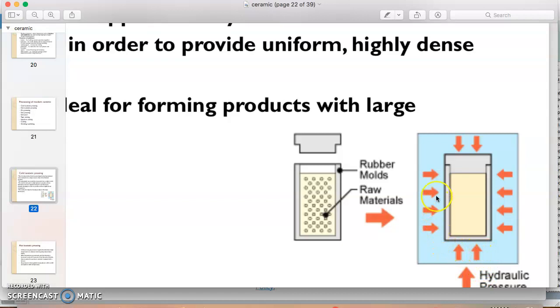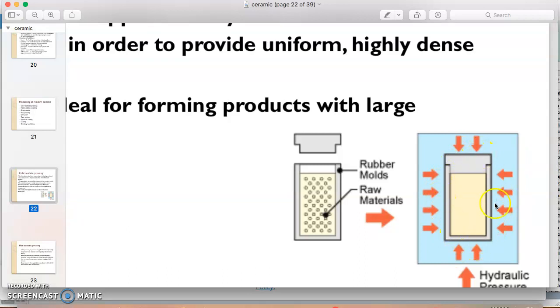So the hydraulic force will impart to all the surface of the rubber mold, and it will start to press the rubber mold.